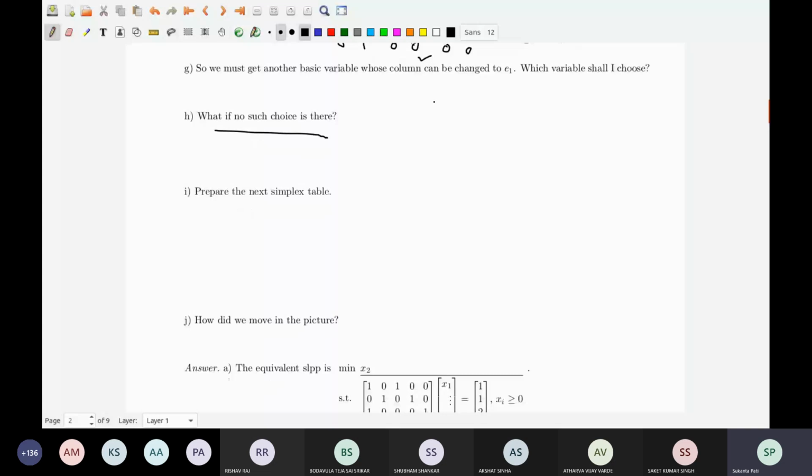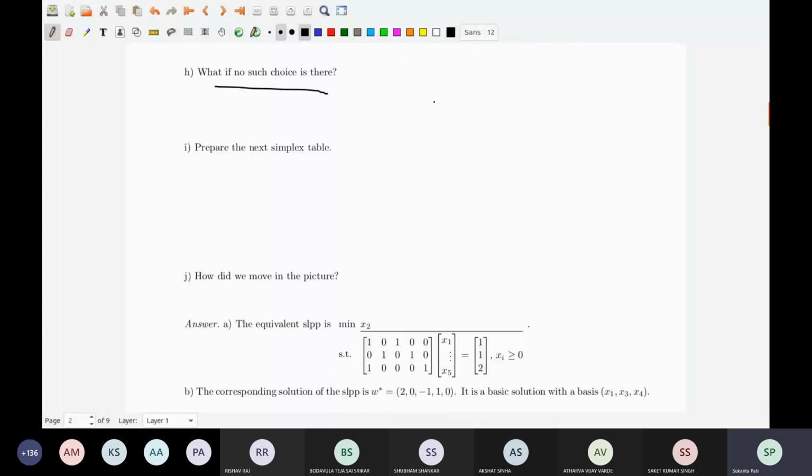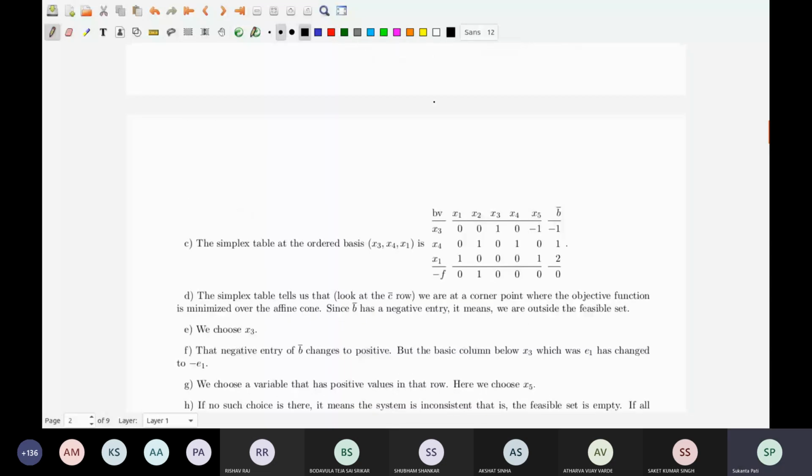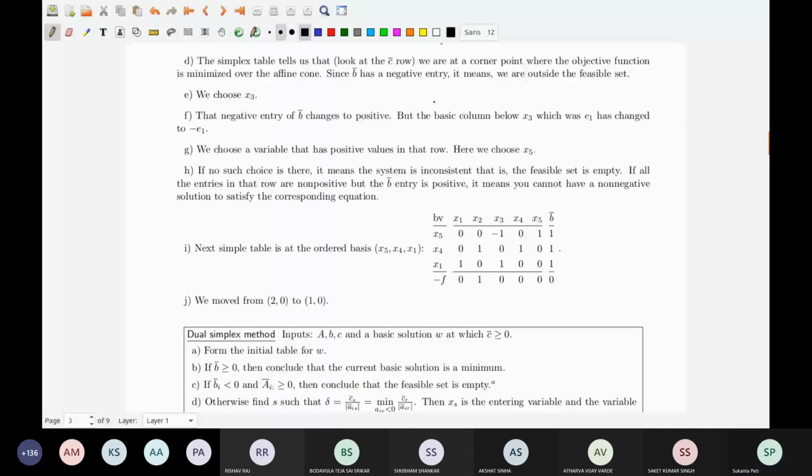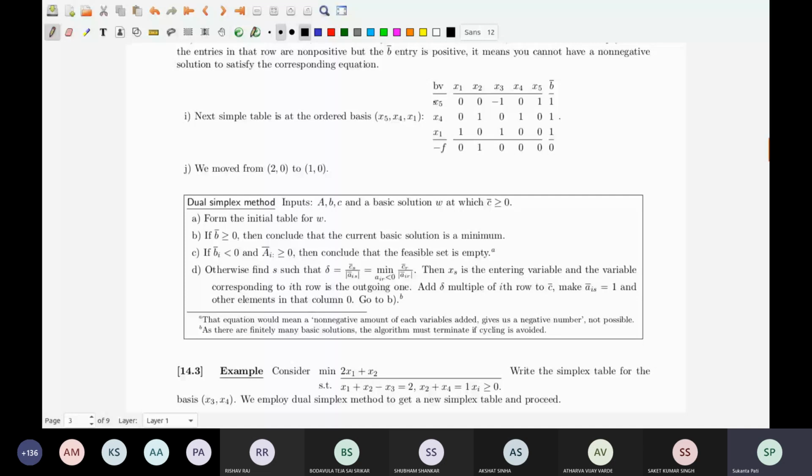Everything is there. So what exactly is the dual simplex method? The dual simplex method says you first form one basic solution that would be given to you, at one point, and you form the simplex table.